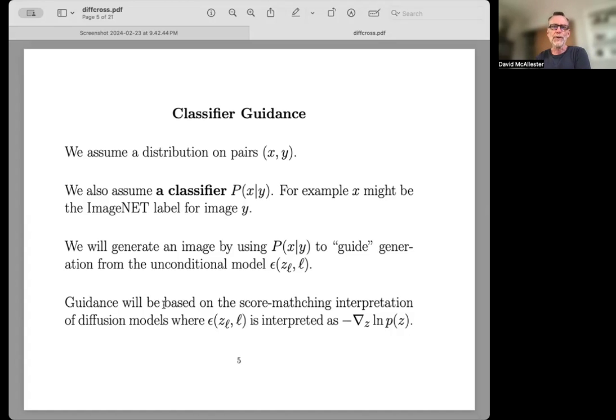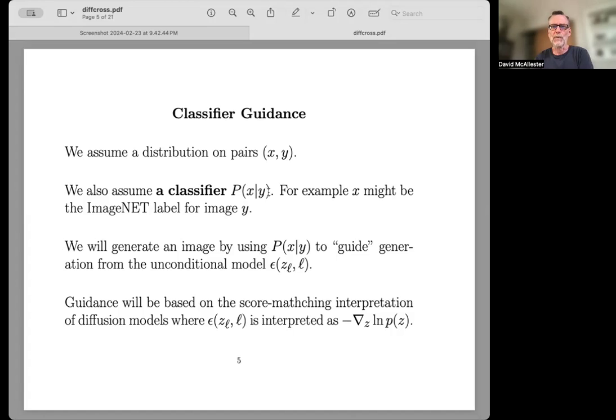So what we're going to do is we're going to train a classifier. So if you're doing ImageNet, it's very old technology, it would take in an image and try to produce a label like dog, or maybe the kind of dog, produce a class label for the image. So that is a classifier.